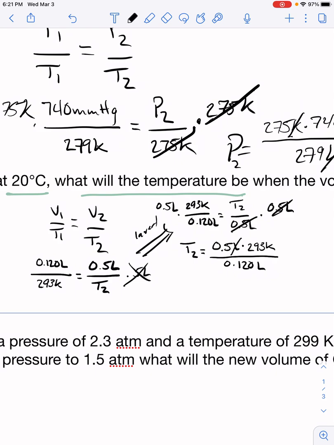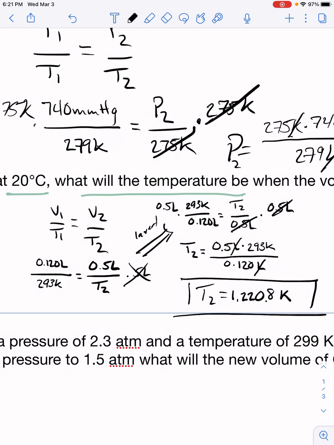And so liters cancels with liters, and T2 is then going to be equal to 0.5 times 293 divided by 0.120, which gives me 1,220.8 in my unit, Kelvin.